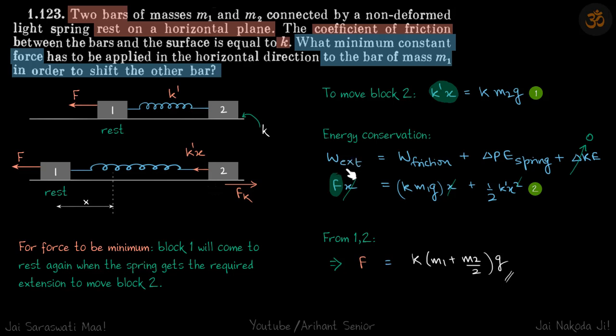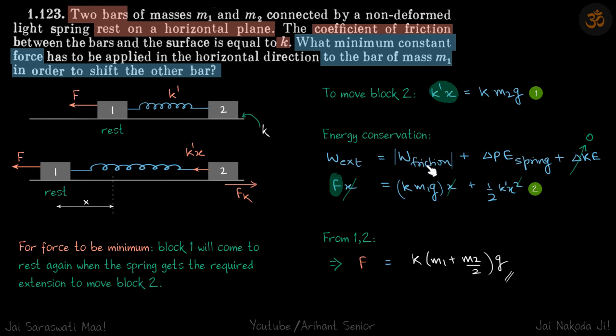So work external is equal to work done by friction plus change in potential energy of the spring plus change in kinetic energy. I should write the magnitudes so there is no doubt. Otherwise, what we are used to is the work done by the external forces being on the left.